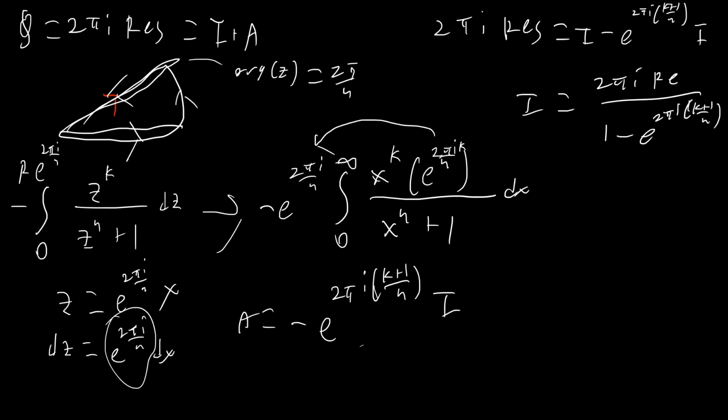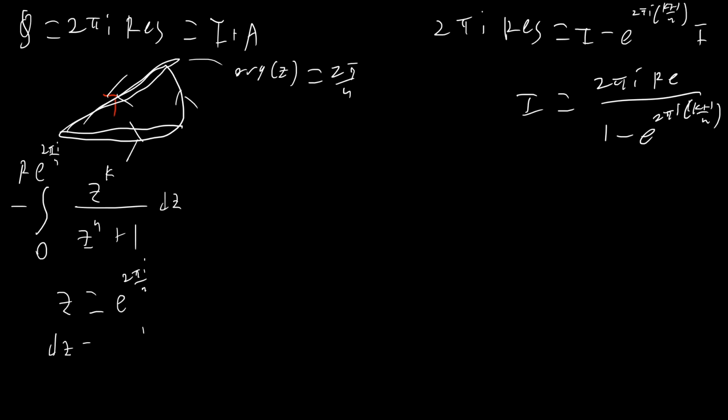Now here's the cool thing that we're going to do. I'm going to make some space here. We're going to multiply on the top and bottom, let's multiply by e to the pi i (k plus 1) over n, so just 1/2 of this.